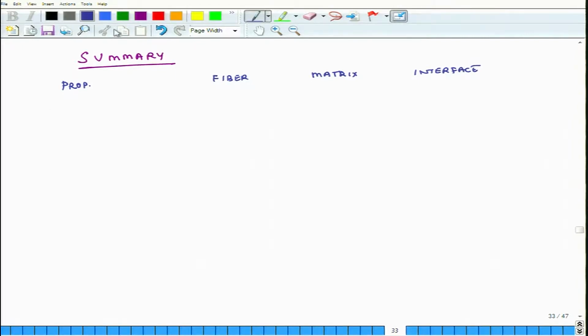So, the first set of properties are related to tension. One is EL, Young's modulus in the longitudinal direction. Second property is sigma LU, strength in the longitudinal direction in tension. Third is transverse modulus and fourth is transverse strength in tension. So, these are four properties in tension.